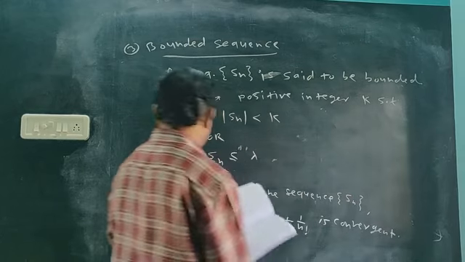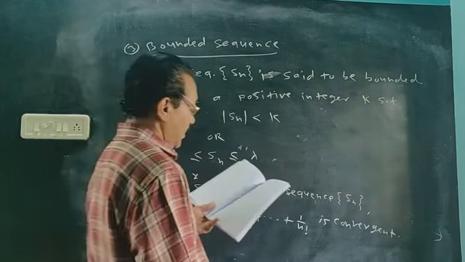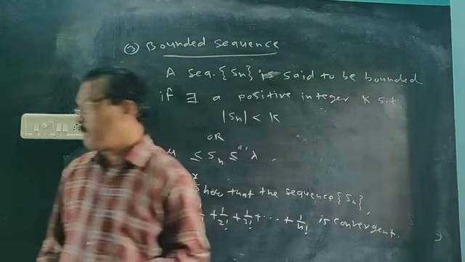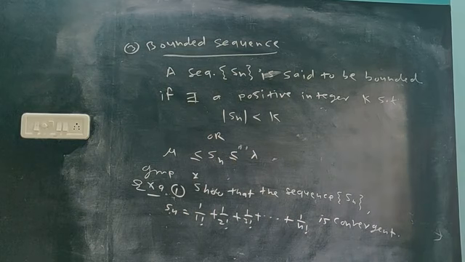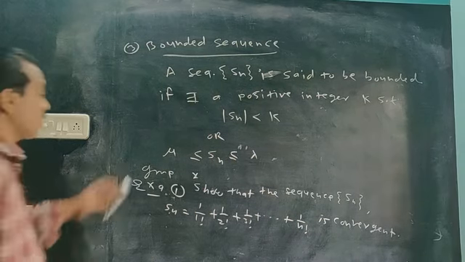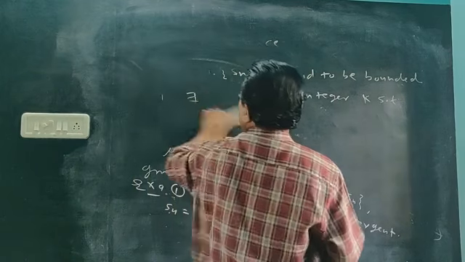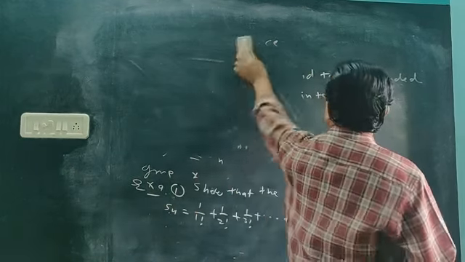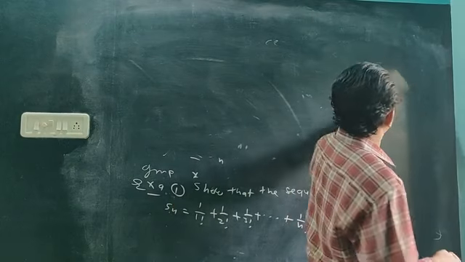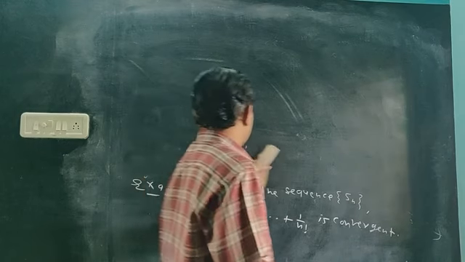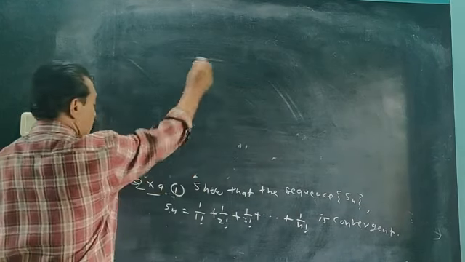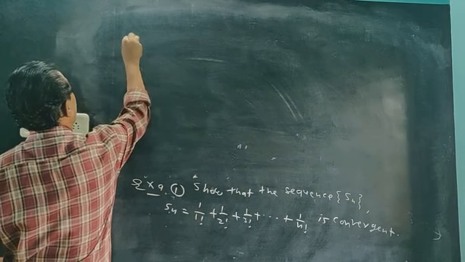Convergent means the limit exists, but here we do it another way. So a different solution. We note the points.